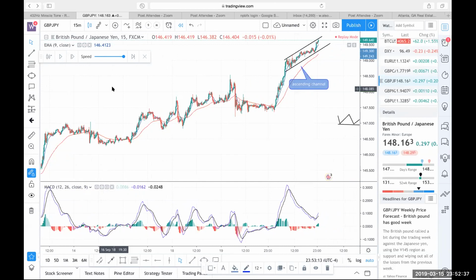With these types of channels, you can actually trade the channel both ways, from top to bottom, but the idea is to trade the way the channel is going to reverse. This being an ascending channel, it comes after a bullish move, a bullish impulse, and you should be looking for a bearish move to come. So let's see what happens.